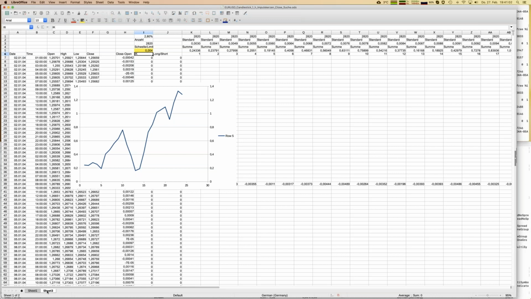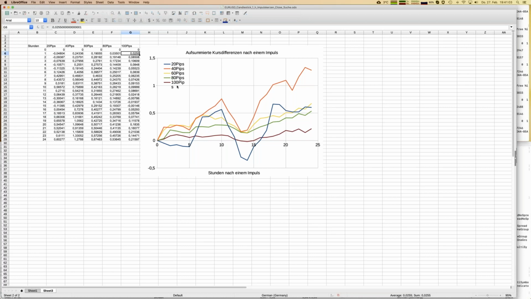I've done a few steps more, just so that you see what happens with 20 bips, 40 bips, the 20 we have had already, and 60 bips. Now the probability goes more and more down that we get such power candles. But you see, the best one is at 40 bips. So what does it mean?